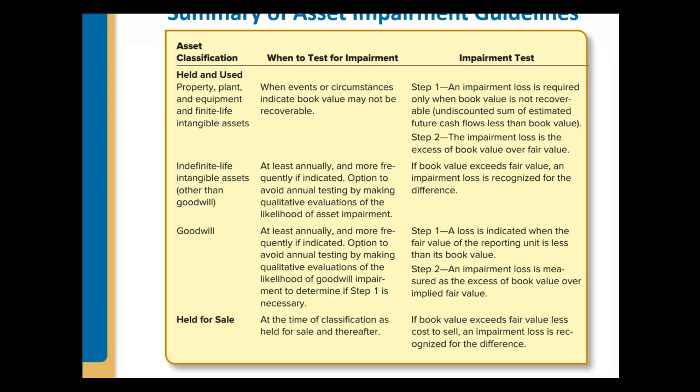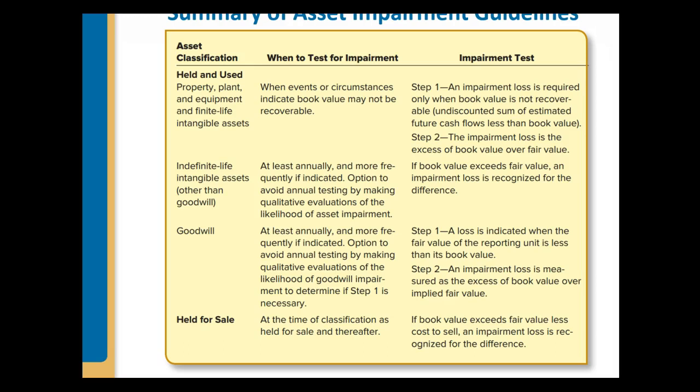It's a two-step process. An impairment loss is required only when the book value is not recoverable, which is when the undiscounted sum of estimated future cash flows is less than the book value. Then, with step 2, the impairment loss is the excess of book value over the fair value.